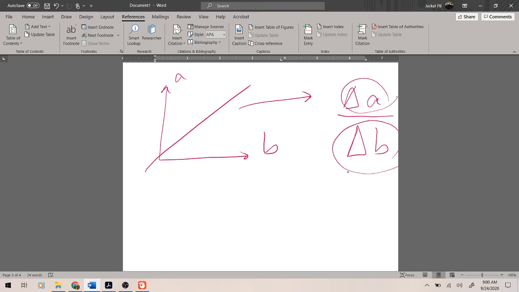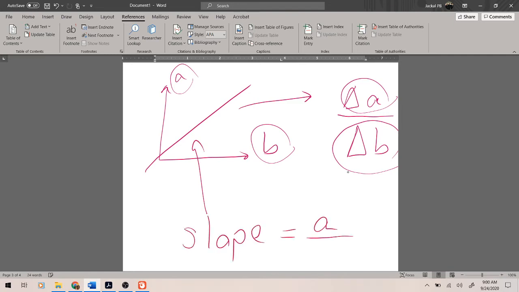And if the relation of a to b is linear, then by looking at the slope you will know the ratio of a to b. Again, if this is linear, then this is just a constant number.